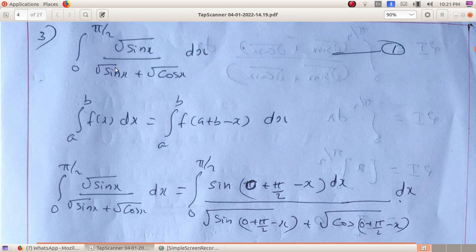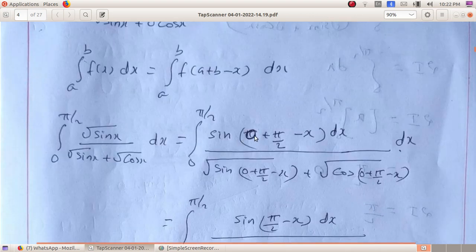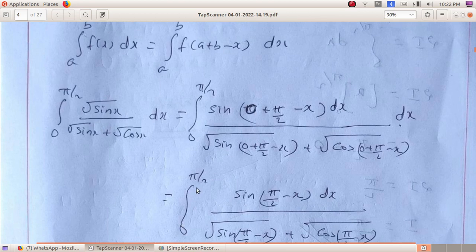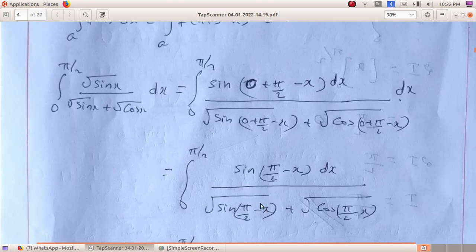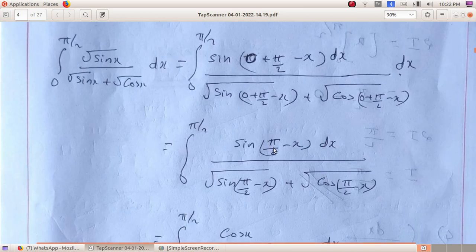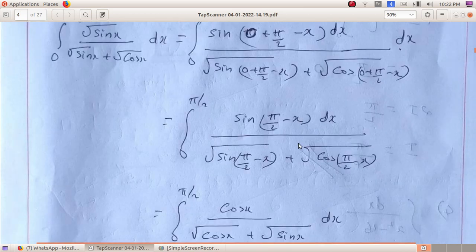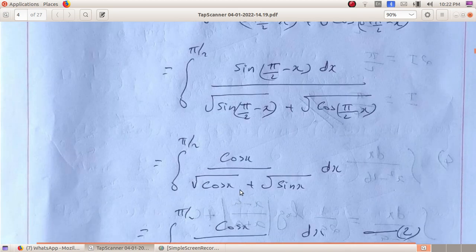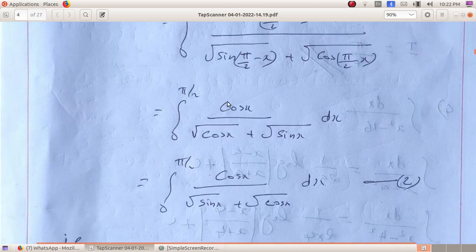So the integral from 0 to pi by 2 minus x dx. Pi by 2 means 90, so sin of 90 minus x means cos x, and cos of 90 minus x is sin x. So we get cos x divided by root of sin x plus root of cos x. This is equation number 2.